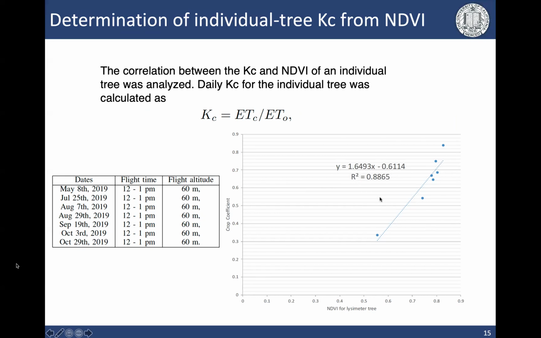It also has a high correlation coefficient. You can see that the R square is as high as around 0.88 or 0.89. So it indicates a significant correlation between the crop coefficient and NDVI at the individual tree level during the growing season in 2019.